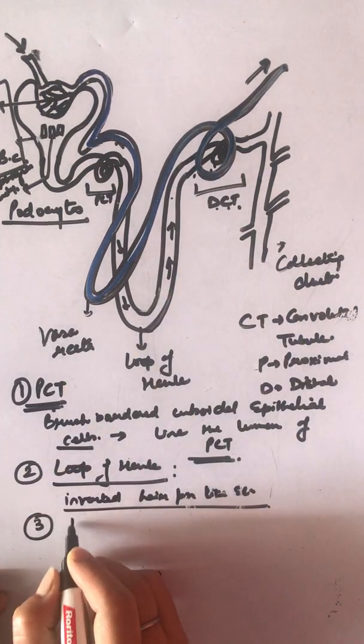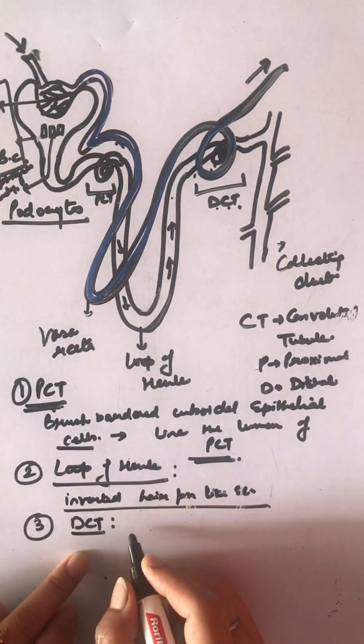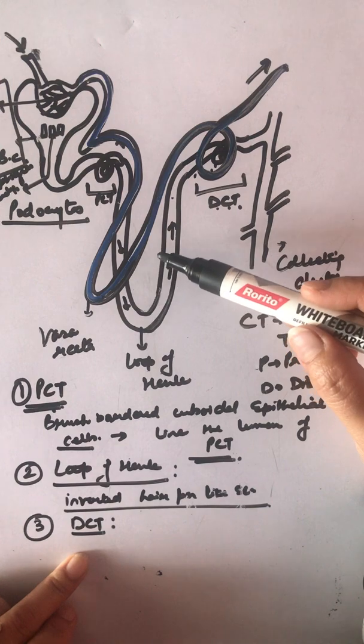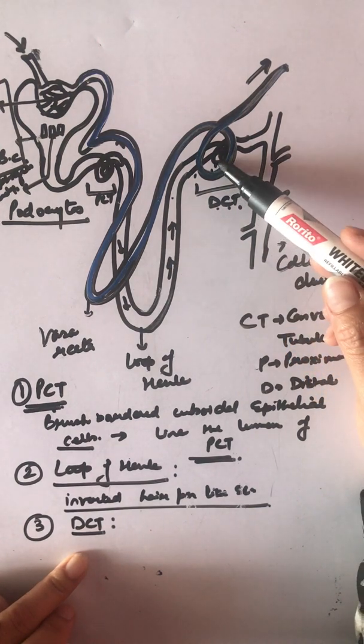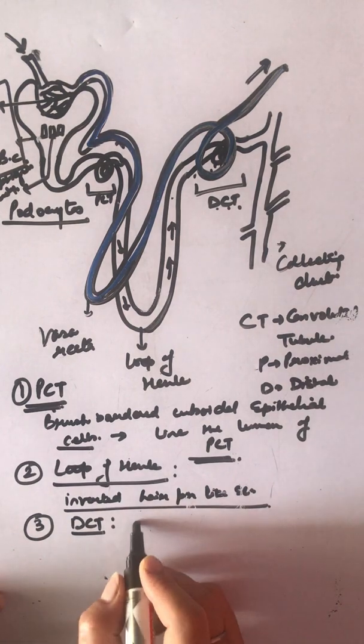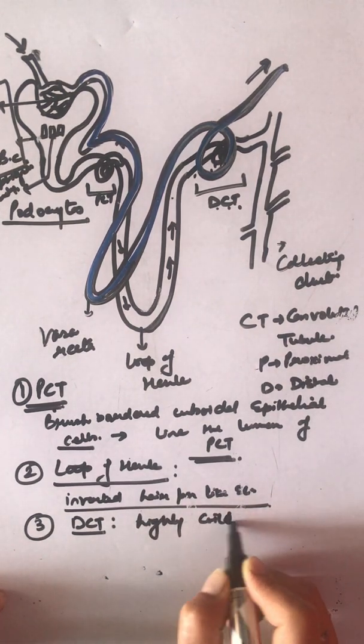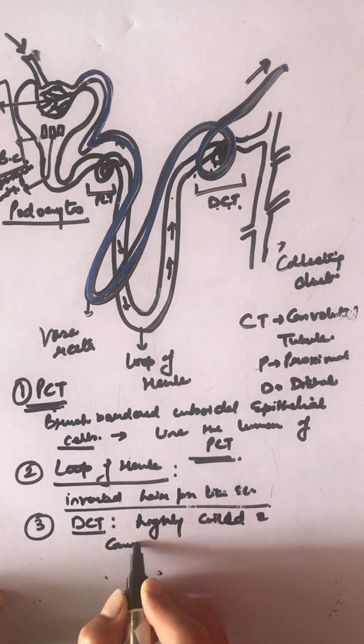Then DCT, distal convoluted tubule. This ascending limb of the loop, the DCT, becomes highly coiled and convoluted. Highly coiled and convoluted structure.